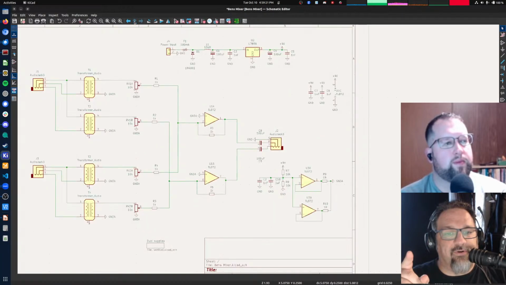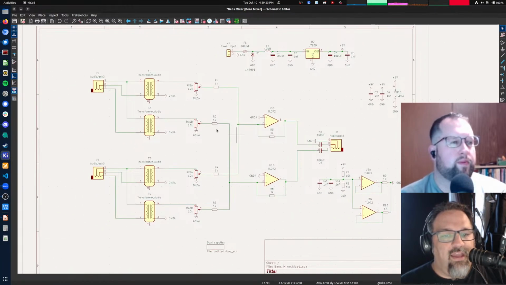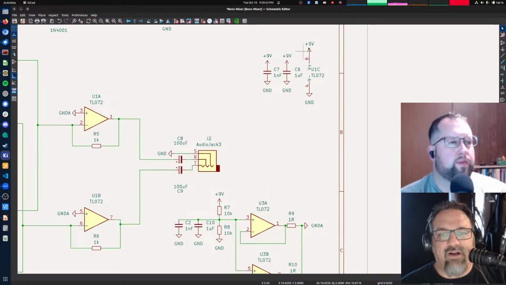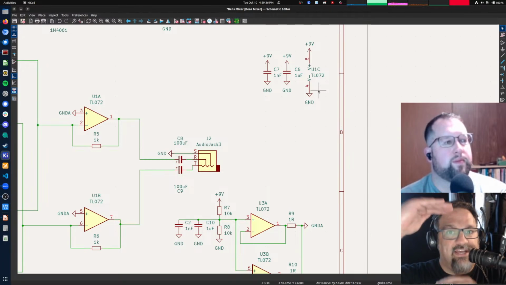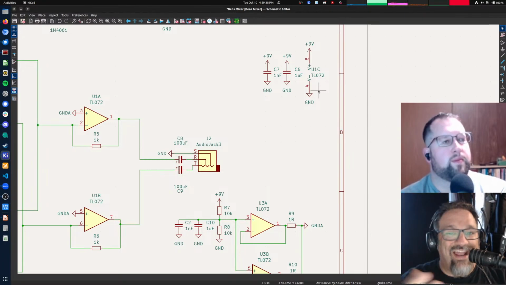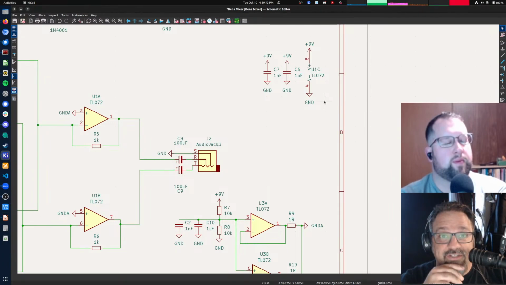Let's go back over to our analog circuit. Instead of having positive 9 and ground feeding the op amp, I would do positive 9 and negative 9 on the op amp. So the op amp's power supplies would straddle ground. And actually, because we're doing positive and negative, I would probably go to 5 volt regulators here.